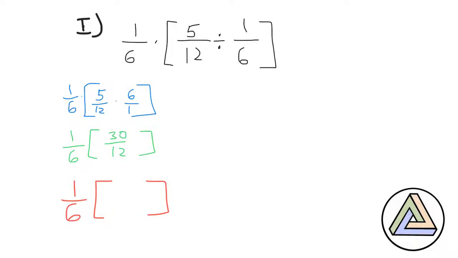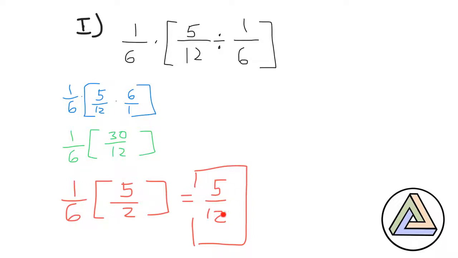So 30 divided by 6 is 5, and this 12 divided by 6 is 2. So at the end of the day, we have 1/6 times 5 over 2. We can multiply that straight across as well, and that becomes 5 over 12, because 1 times 5 is 5, and 6 times 2 is 12. And that cannot be reduced anymore, so this is actually the answer.